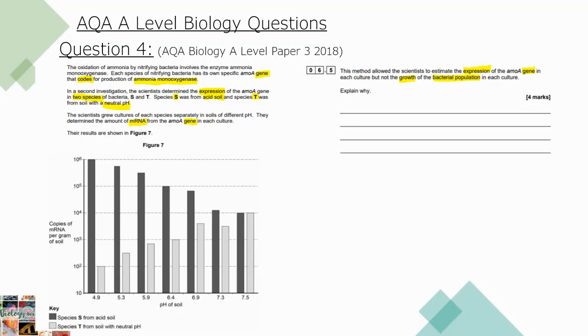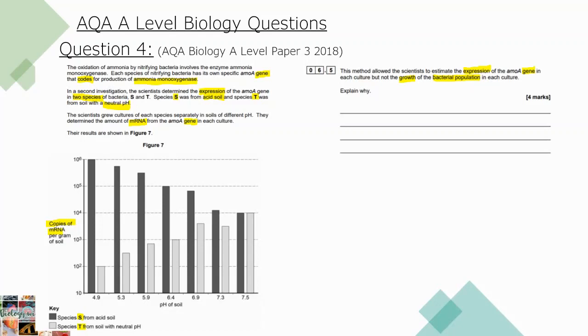And then we know that they can estimate the expression of the gene because we can see the number of copies of mRNA. If we have a look at our graph here, we've got the copies of mRNA for species S and species T. So we can see the number of mRNA strands related to the amount of AMO-A produced or translated.